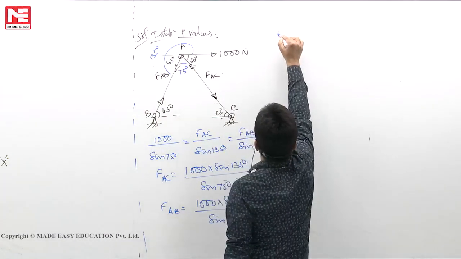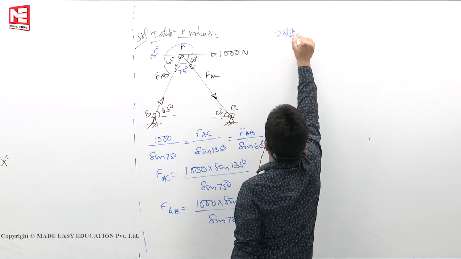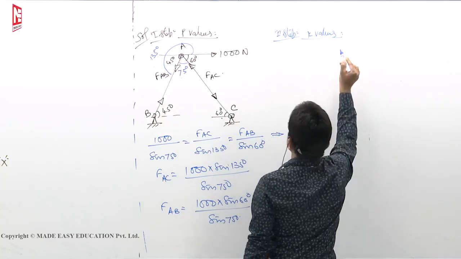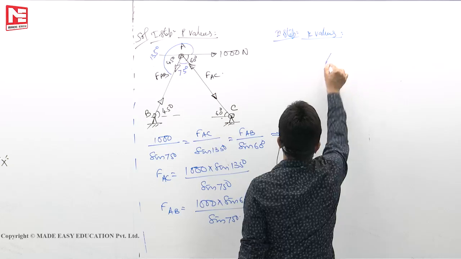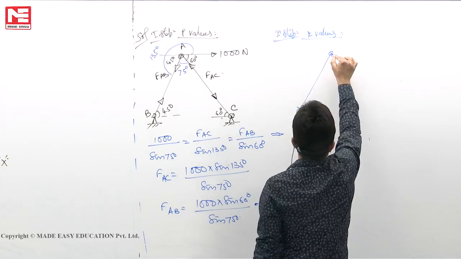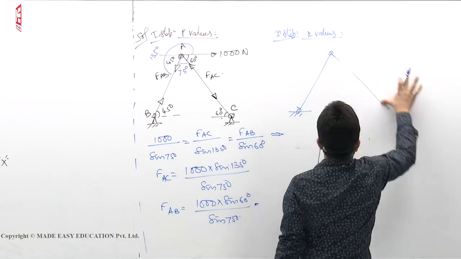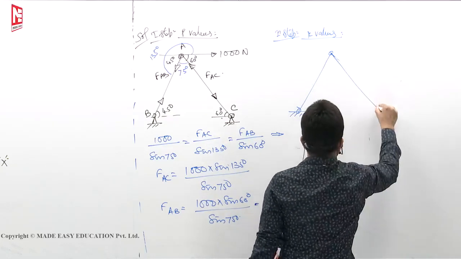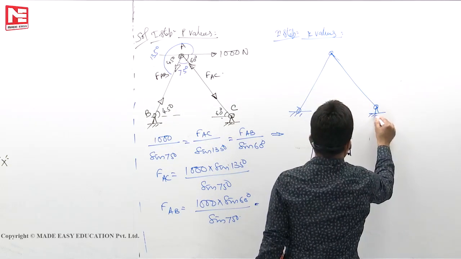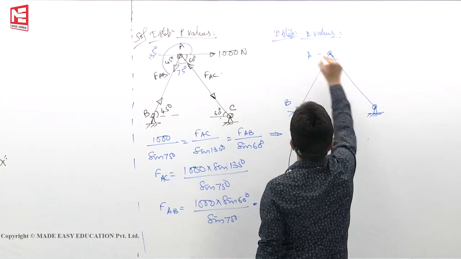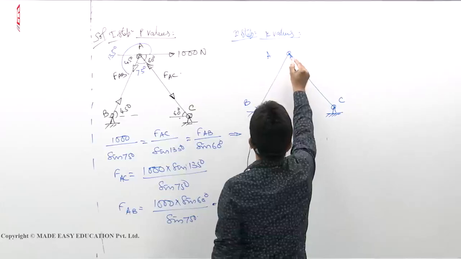Next, second step, K values. K values means you have to apply unit load. This point say B, A, C. You are taking tension.